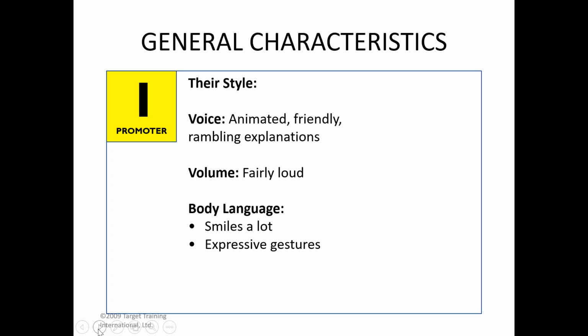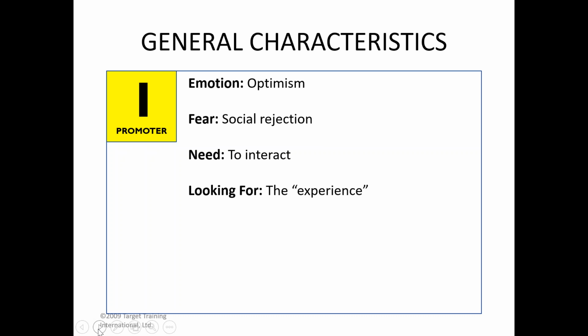As we're going through these general characteristics, you want to start thinking about individuals in your life that demonstrate these specific characteristics. Their emotion, as you recall from last week, is optimism. They have trust. They have fear of social rejection. They need to interact, and they look for the experience.